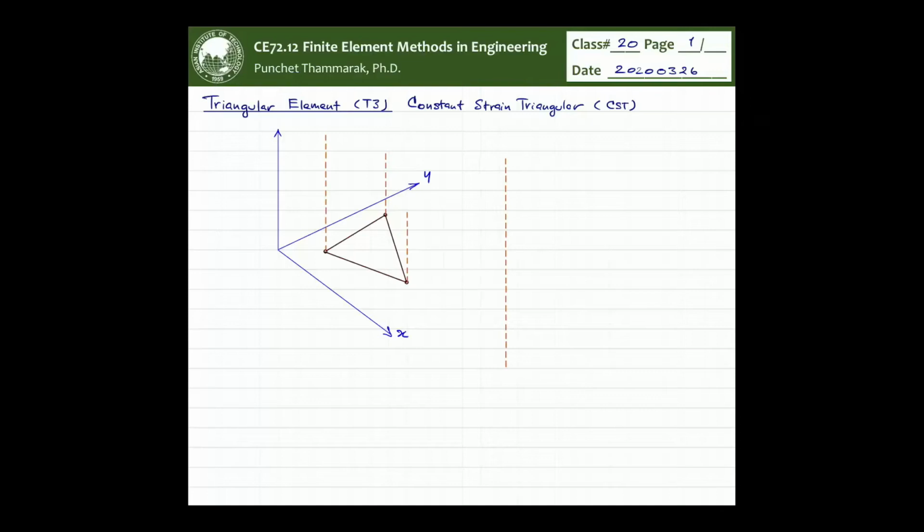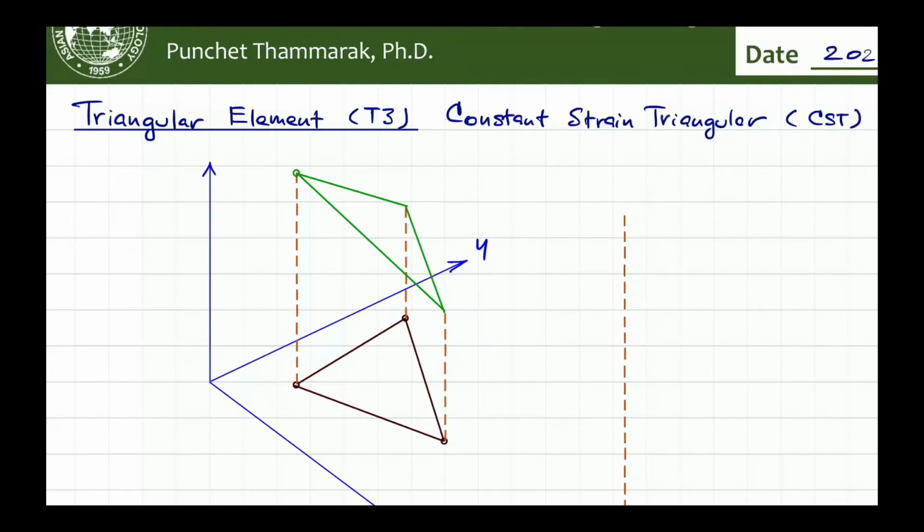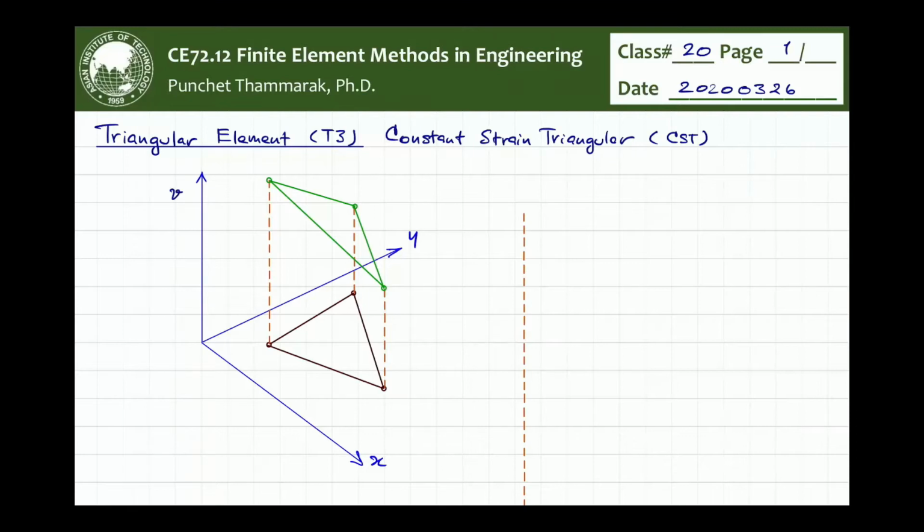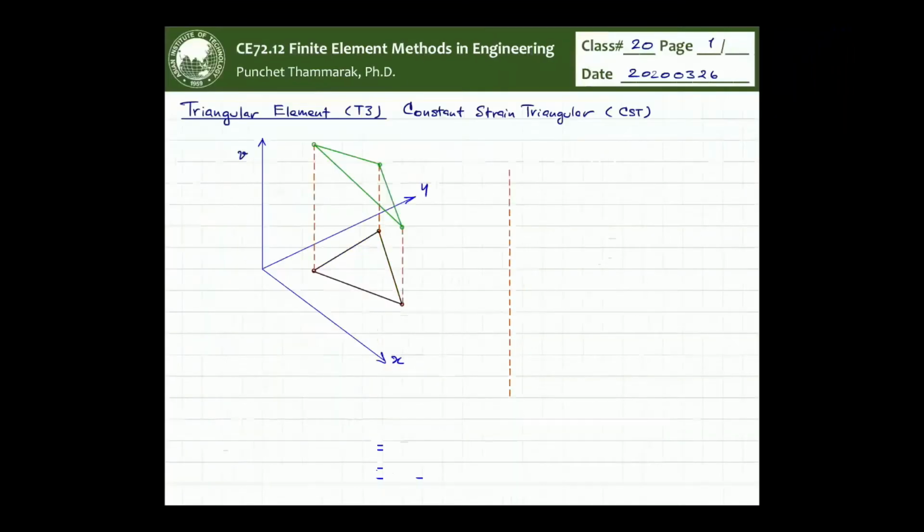So I can draw the lines like this. So just assume that we are talking about the displacement of each node along the y direction. Then it is given in the following format.